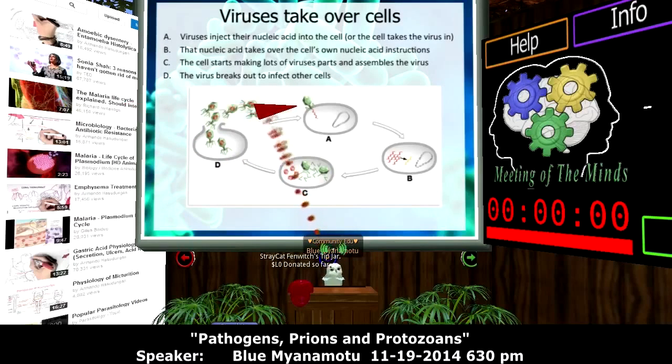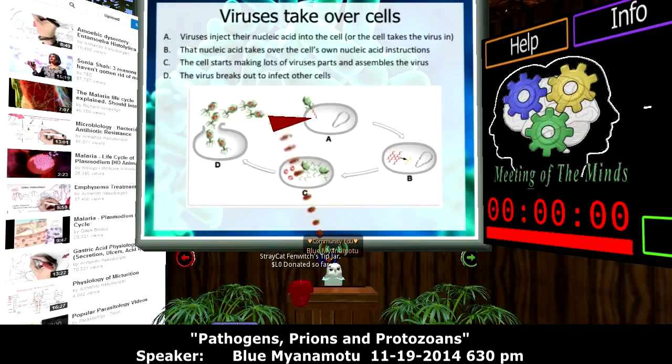Pretend this is your cell. It's very big, right? The virus is very small. It's like a hypodermic needle. The protein stands on the outside and it injects its DNA or RNA into the cell.